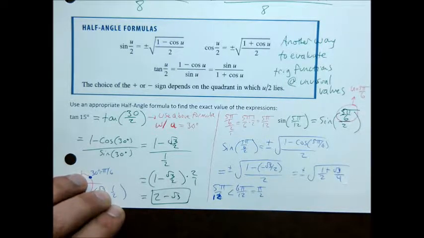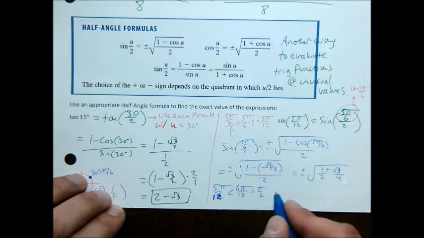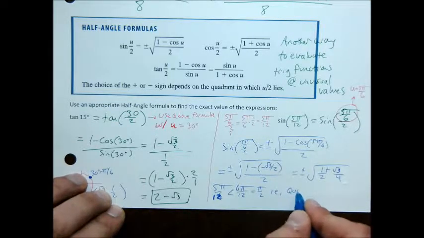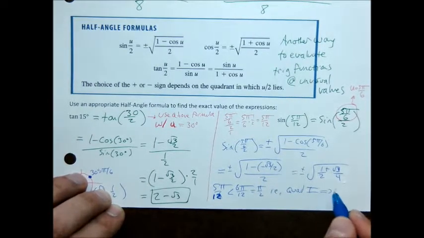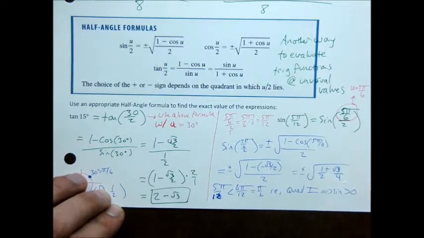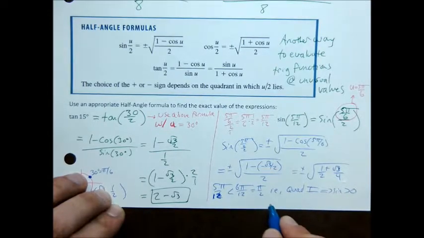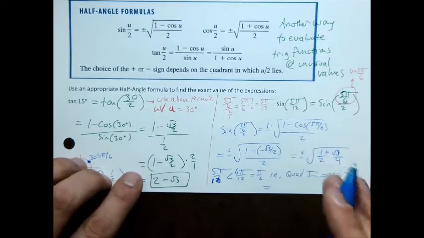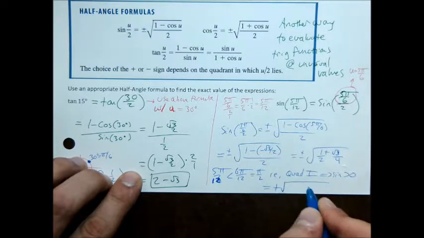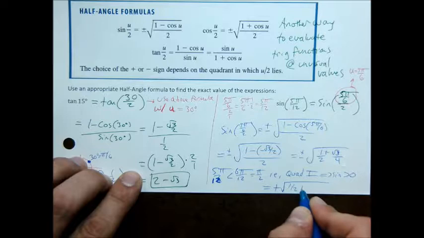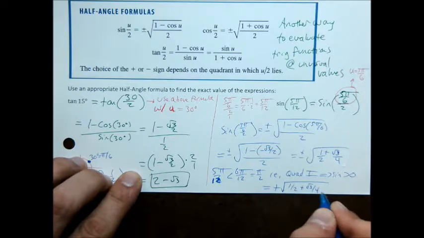So that makes it quadrant 1. And so if we're in quadrant 1, sine is positive. And so our final answer, I'm going to squeeze it in here, apologize I run out of room, is positive square root of 1/2 plus root 3 over 4.